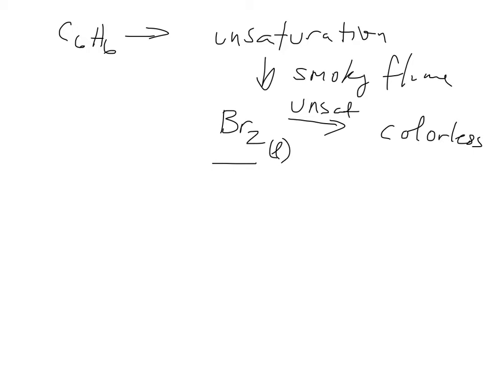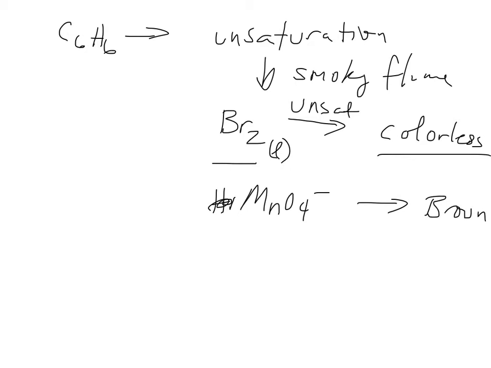Yes, the reason that Mountain Dew has the color it is, brominated vegetable oil. They take bromine and they add it to vegetable oil, and there's your coloring. But it usually goes colorless. The permanganate ion, which we saw was a nice, pretty purple, goes brown in areas of unsaturation.